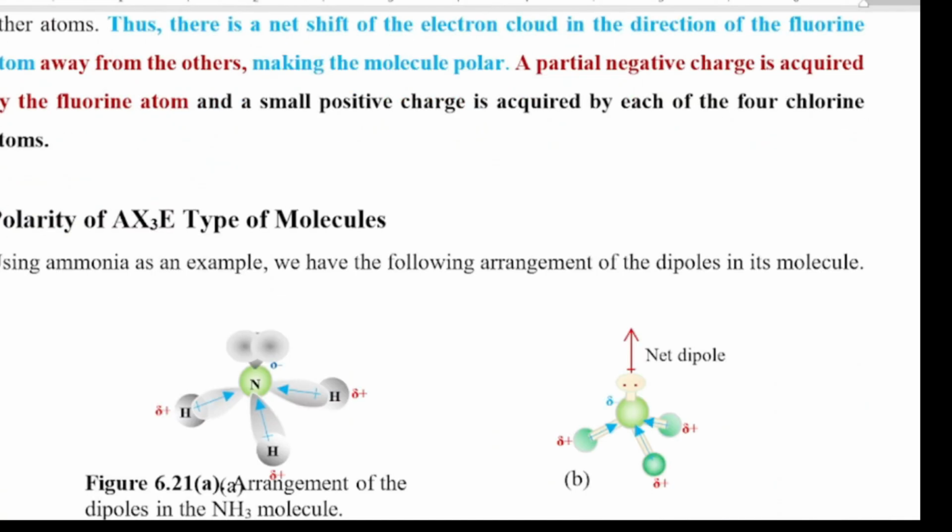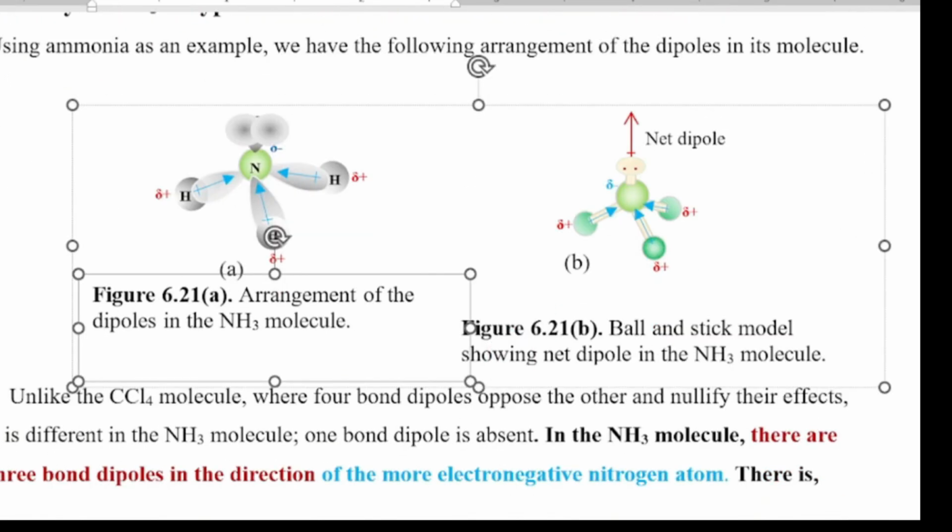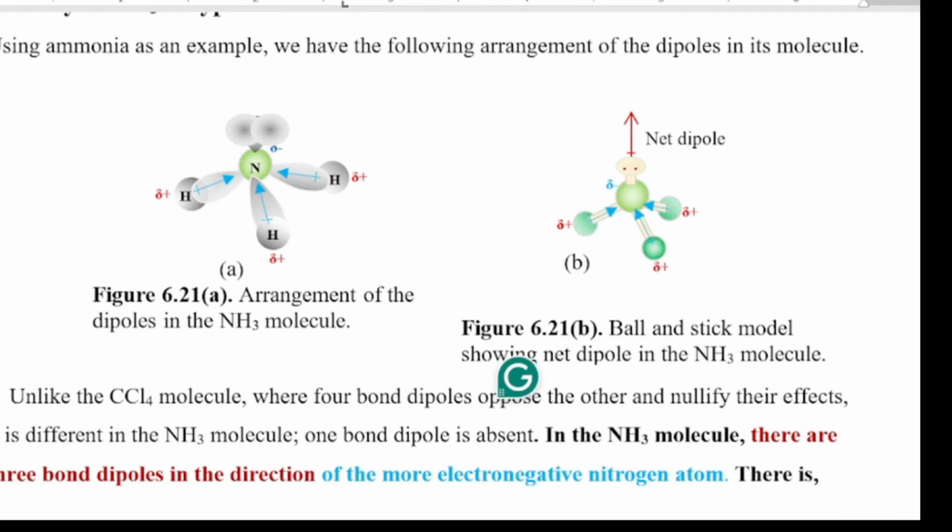All right, AX3E molecule. This is like ammonia. Let's inspect this molecule now. Nitrogen here is a central atom, and it is more electronegative than the hydrogen atoms. Therefore, it will pull an electron in this direction, towards itself. We can thus say that there are 3 equal forces separated at bond angles of 107 degrees pushing on the central nitrogen atom.